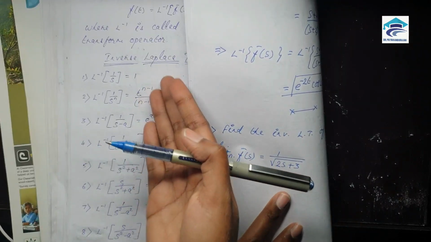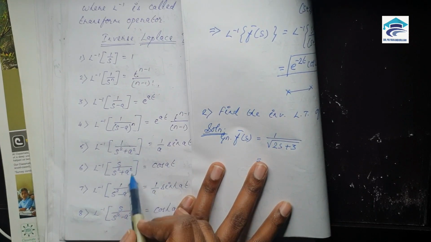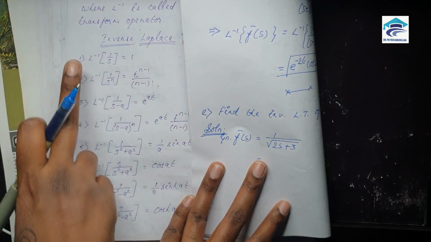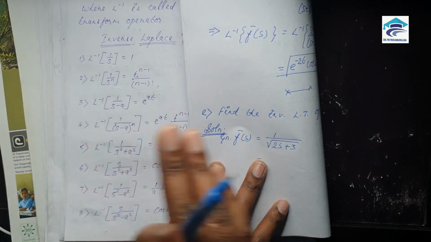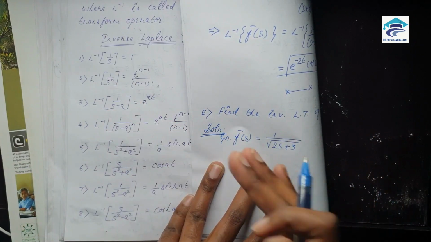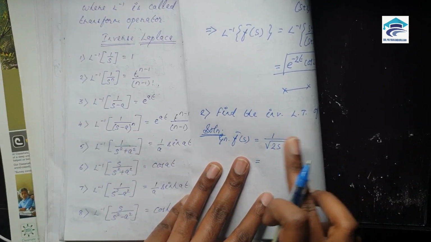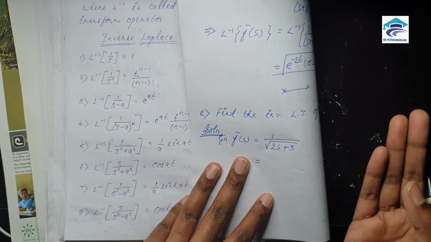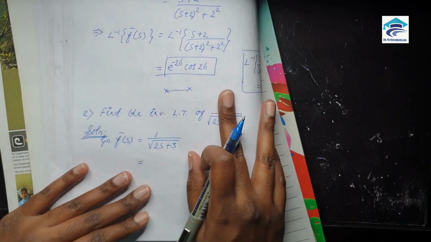Let us compare this with the formulas. We don't have a squared here, so I can't use all these formulas, so I have to end up with one of these formulas. In order to use these formulas, I need to rewrite this as s minus a or s plus a the whole power something. Because I have a root, I can write this as 1 by s minus a the whole power n, where n has to be of course 1 by 2. So let me rearrange this.